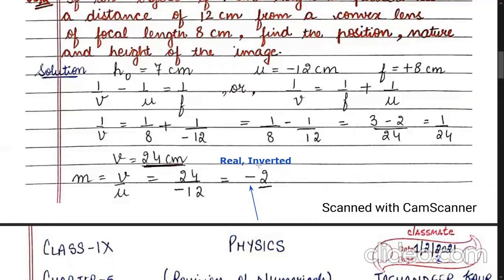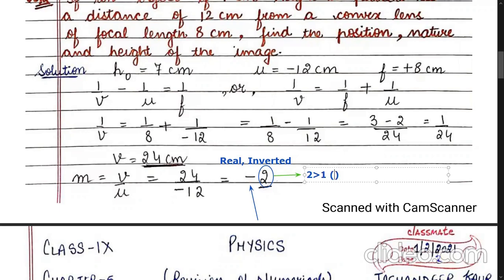inverted image is formed. While the numeric value, that is 2, represents the size of the image. Now 2 is greater than 1. So what does it mean?